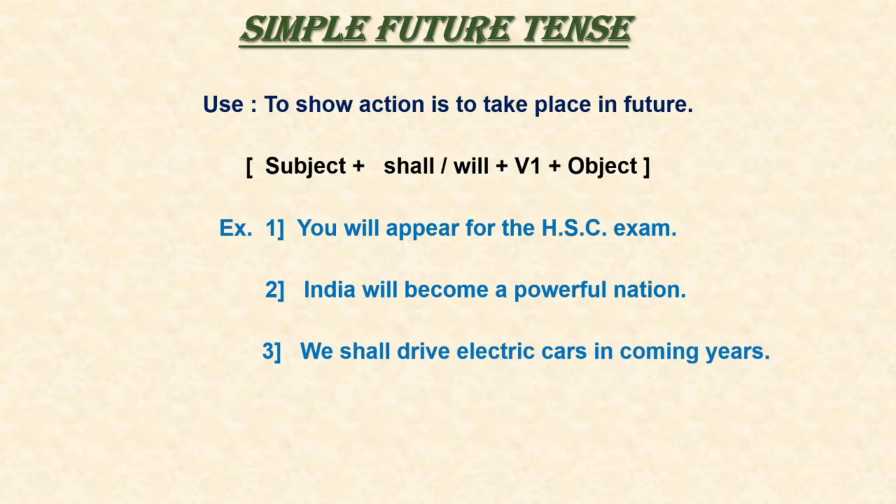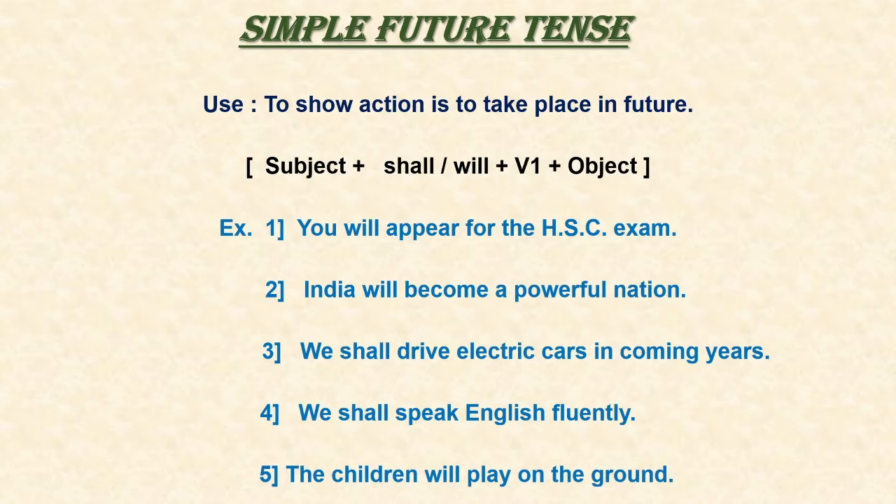Third one, we shall drive electric cars in coming years. Again, driving electric cars, this is the action which will take place in coming future, in coming years. Fourth one, we shall speak English fluently. And last one, the children will play on the ground.